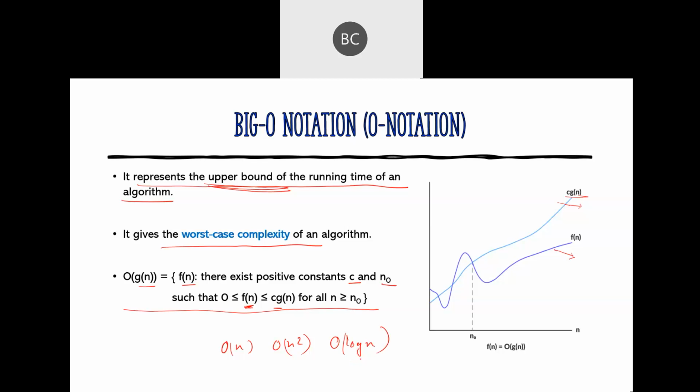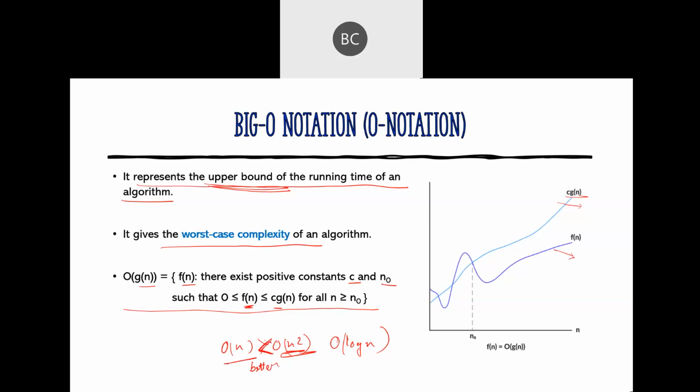O(n) is still good; if it's taking O(n) square, this is slower. This is not good. O(n) time is better. It takes less time. O(n) time is better than O(n) square time.